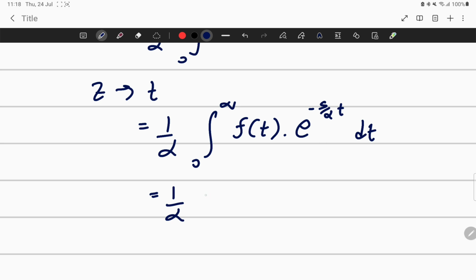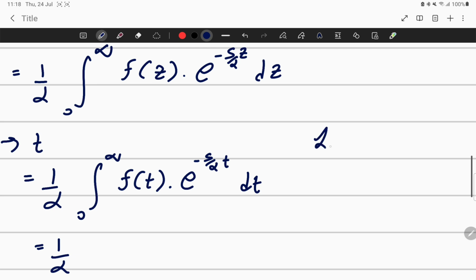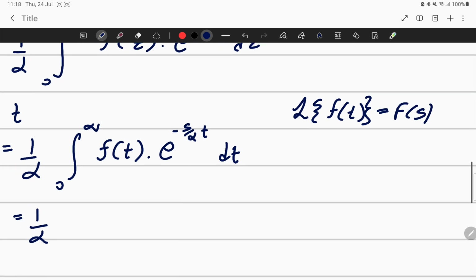This is the Laplace transformation of f(t), and we know the Laplace transformation of f(t) is F(s).